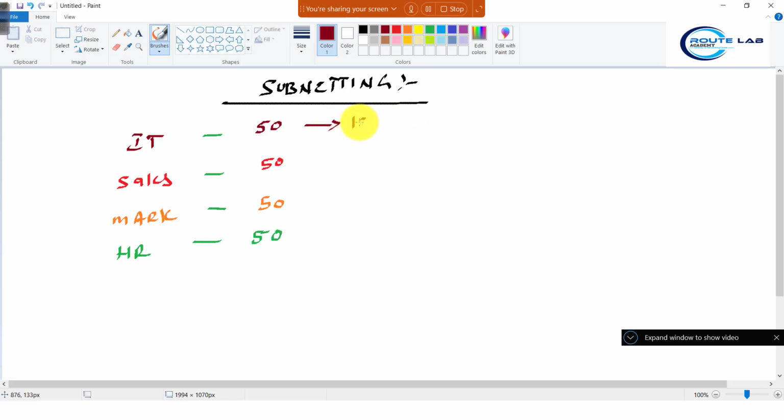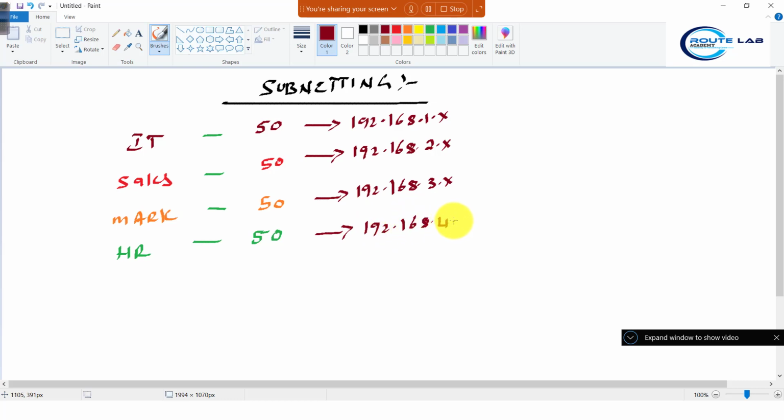So here I'm going to assign the subnet of 192.168.1. network, and here 192.168.2. network, and here 192.168.3. network, and here 192.168.4. network.